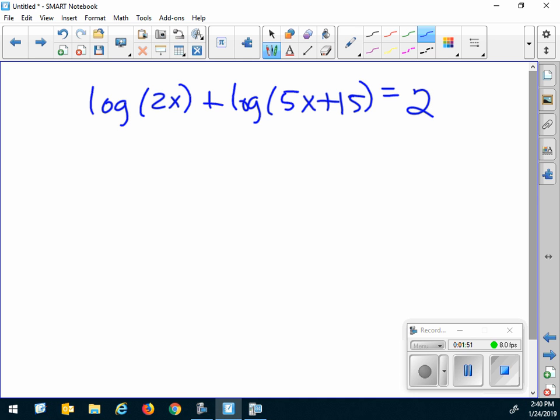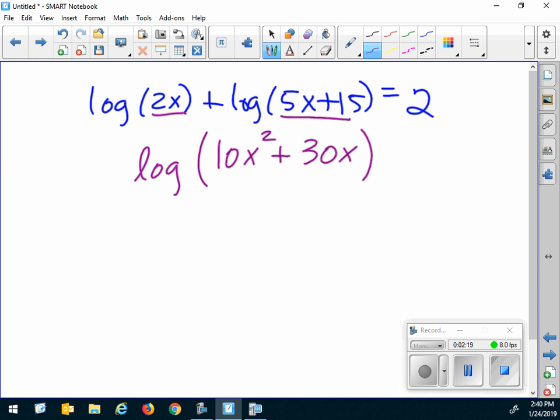Now, what do you know? You do know a way to make the left side of that equation have the word log written one time. So I'm going to write log of, I'm going to multiply the 2x by the 5x plus 15, right? 10x squared plus, anybody have trouble seeing what we just did?